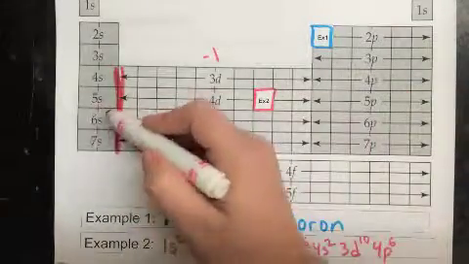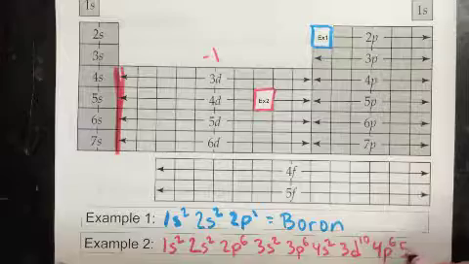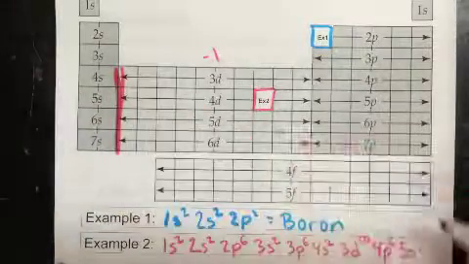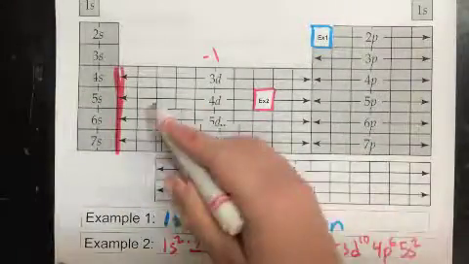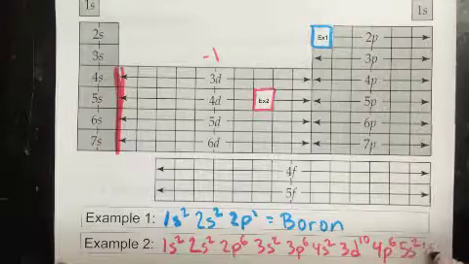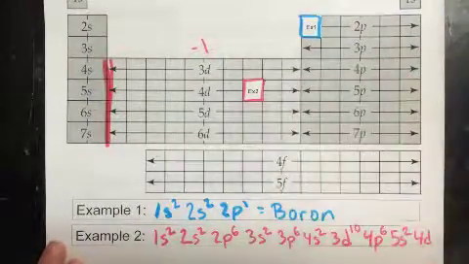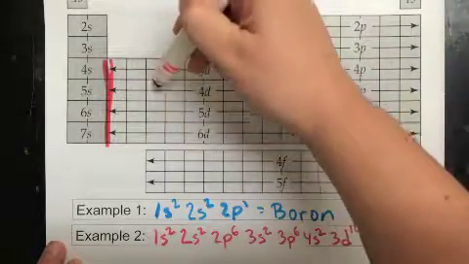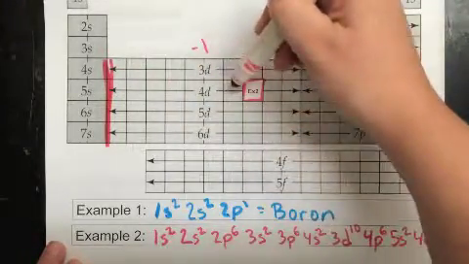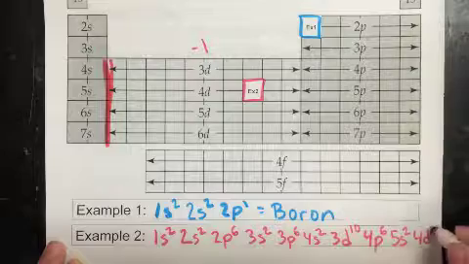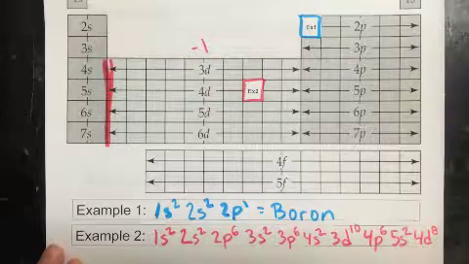Drop down. 5s. Our element's not there, so 5s2. Move across. 4d. Now our element is in the 4d, so we're going to count 1, 2, 3, 4, 5, 6, 7, 8. So 4d8.